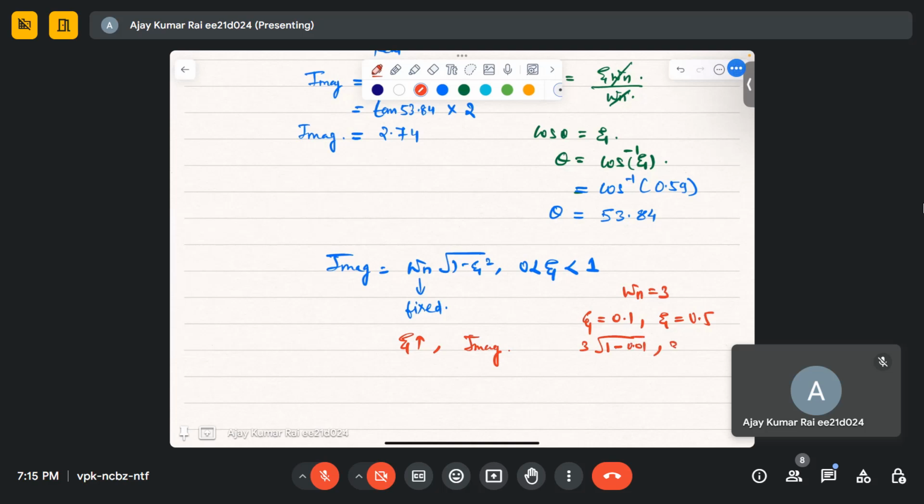The other is 3 into root of 1 minus 0.5 square, 0.25. Which one is greater out of these two? The second one. How is the second one greater?